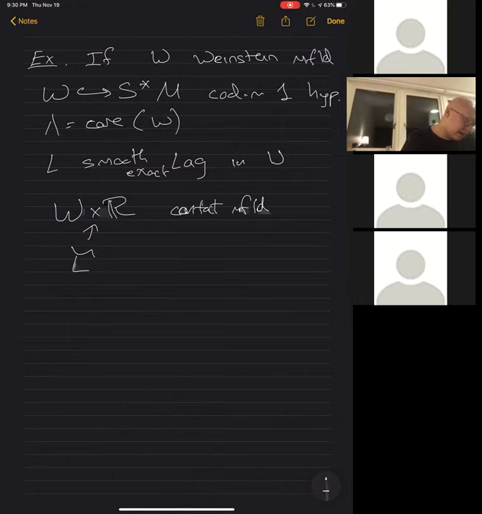So this L is a smooth exact Lagrangian in W, and I can flow it down to the core by the Liouville flow. So L_t is the flow to the core by Liouville.